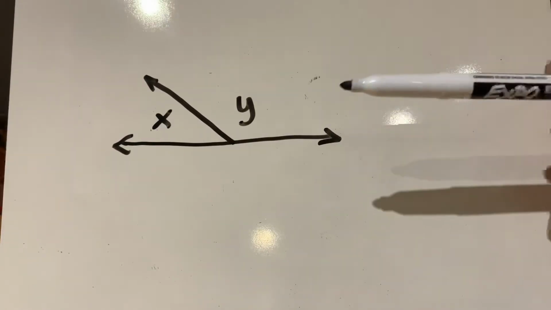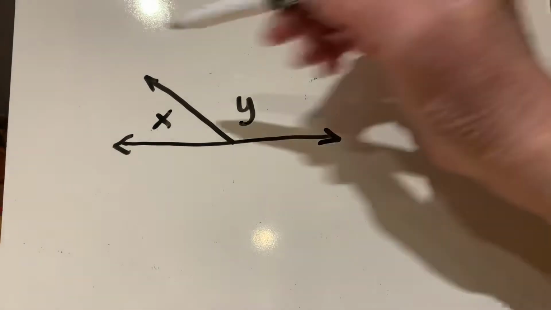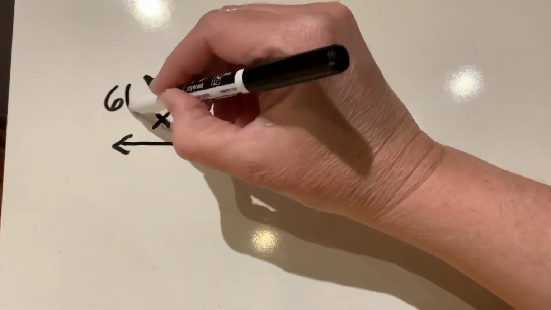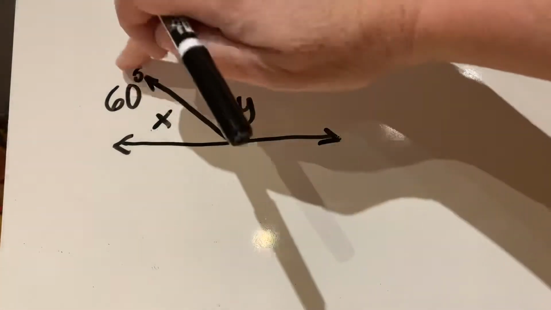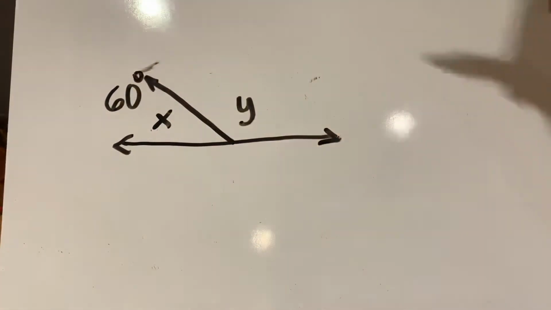If the measure of angle X is 60 degrees, what is the measure of angle Y? Now, a straight angle measures 180 degrees. Angle X measures 60 degrees of that 180 degrees. So angle Y measures the rest of the 180 degrees.